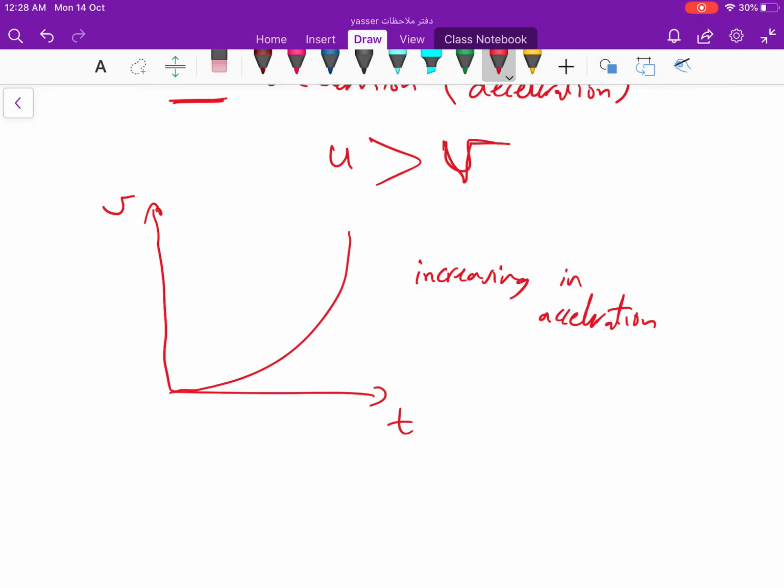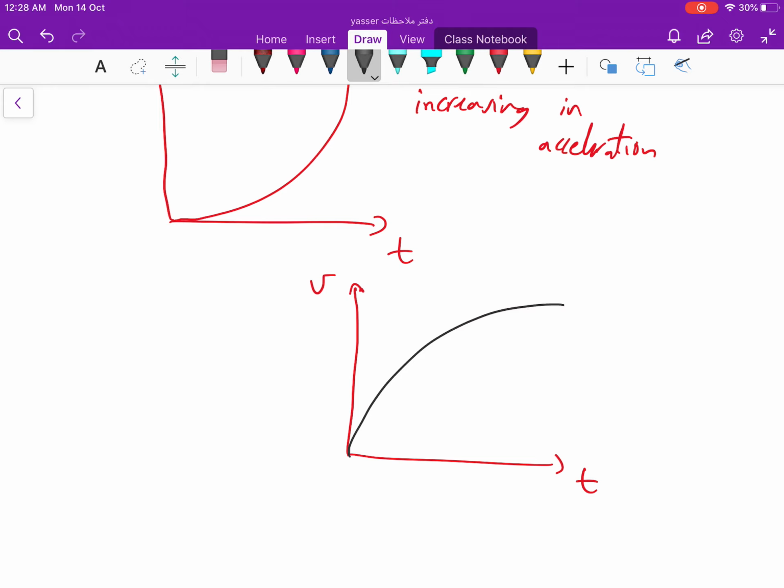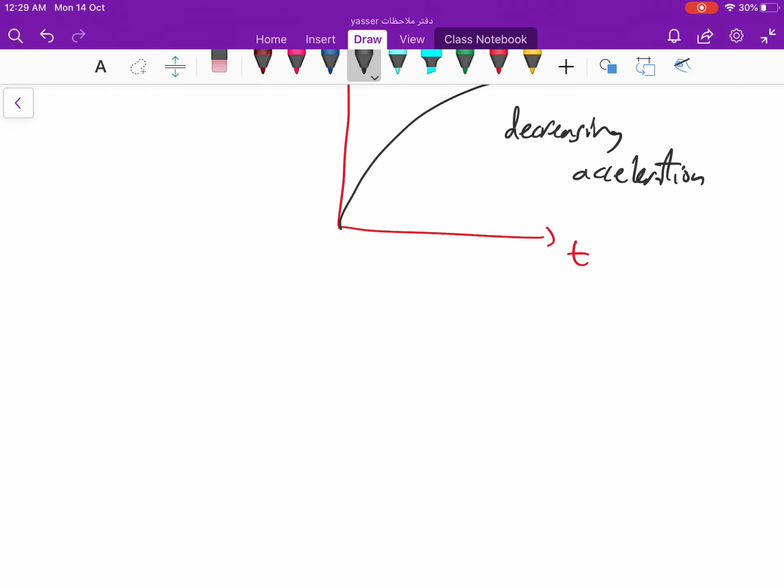What if we have a velocity time graph, but the graph line is like this, a small line like this? So we have a decrease in the acceleration. It's not deceleration. We have a decrease in the acceleration or the magnitude of the acceleration.